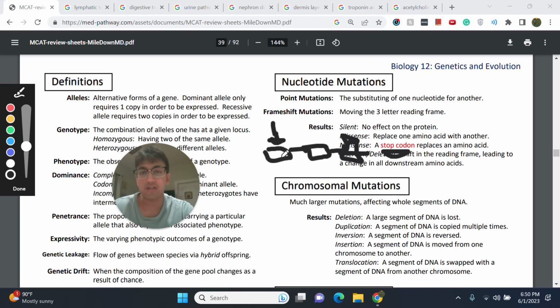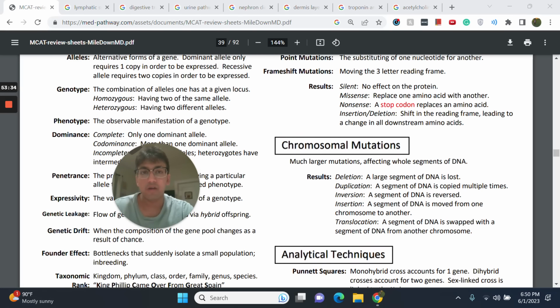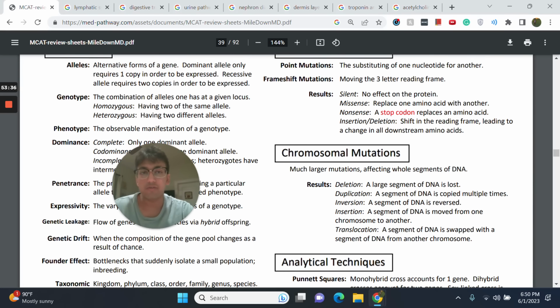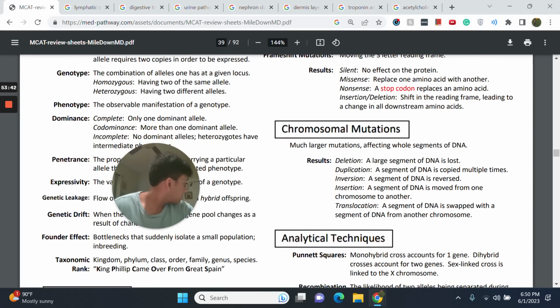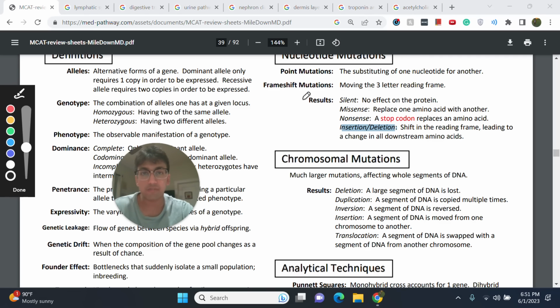So you might need methionine over here, but you get, I don't know, glutamine or something, right? Insertion or deletion can result in this thing called frame shift mutation, right? And so that's like moving the 3-letter reading frame. So frame shift mutation is when you move the 3-letter reading frame. It's important to know, and a mistake that I just made is that insertion or deletion is referring to the amino acid chain, and frame shift mutation is talking about the mRNA that's producing that amino acid chain.